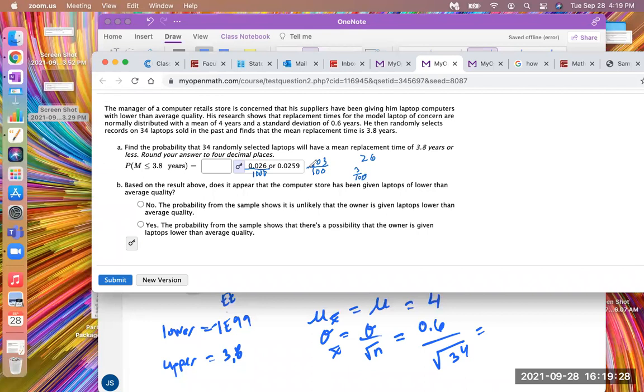So we would expect this result to happen only 3 in 100 times, given the belief that the average computer will last 4 years.